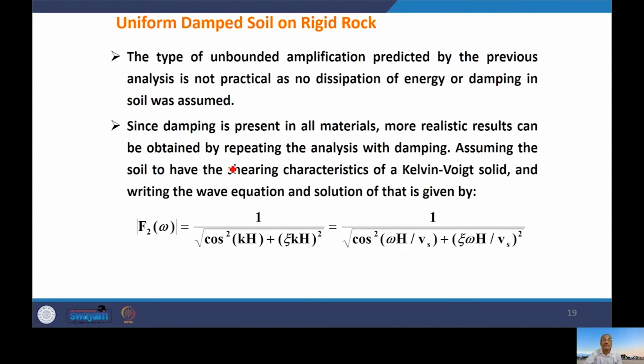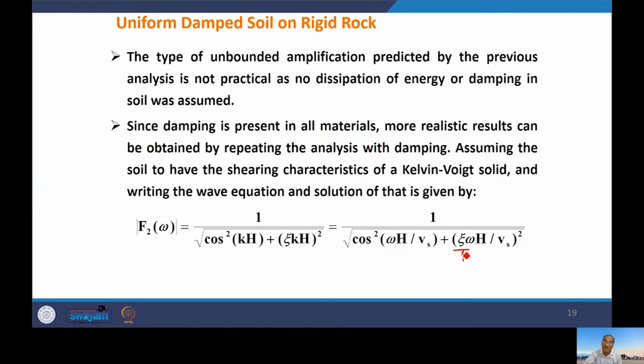So as discussed, since damping is present in all materials, more realistic results can be obtained by repeating the analysis with damping. So rather than going into the derivation, when damping is present in the system, and assuming the soil to have the shearing characteristics of a Kelvin-Voigt solid, F2 omega is given by this relation, where again you can see a new parameter, the damping ratio, is introduced.